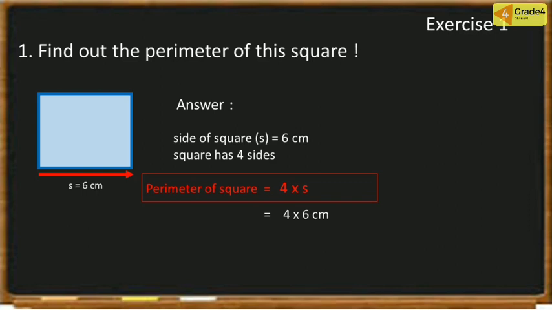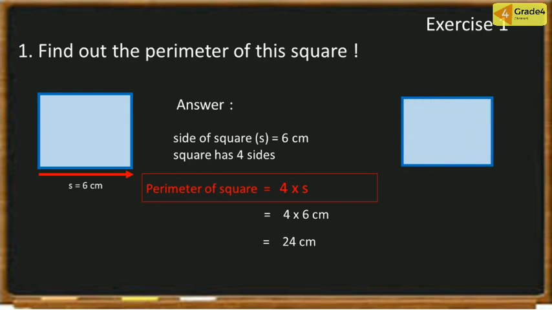Yes, 4 times 6 centimeters because the side is 6 centimeters. 4 times 6 is 24 centimeters. So the answer is 24 centimeters, or you can use a different way.